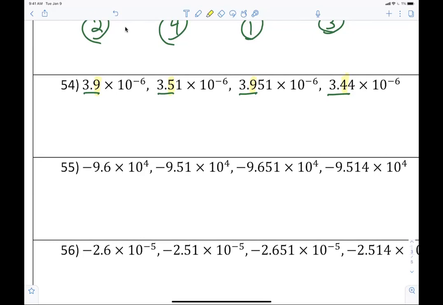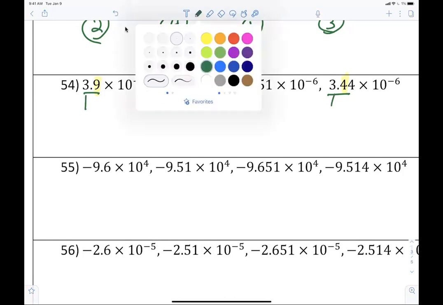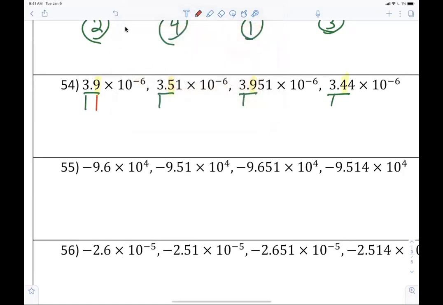All right. The first thing you're doing is looking at 3, 3, 3, 3. Those are the same. So the numbers so far are the same. Then you look at the second number. 9, 5, 9, 4. Which one's the smallest? Right.